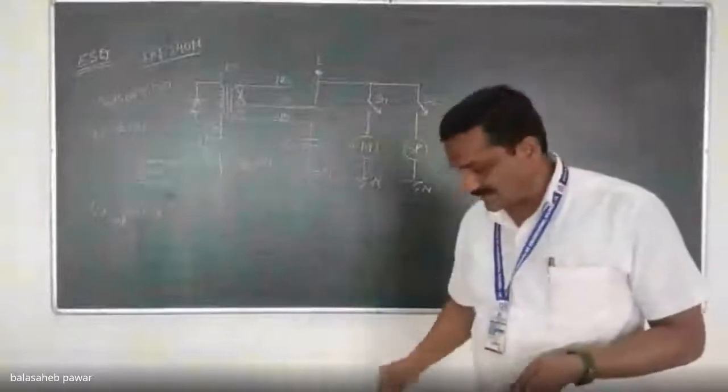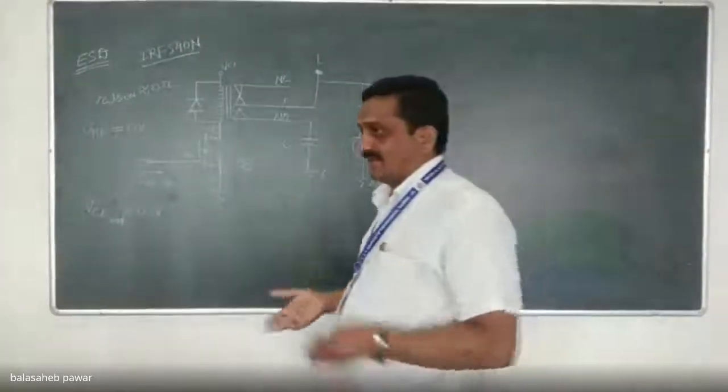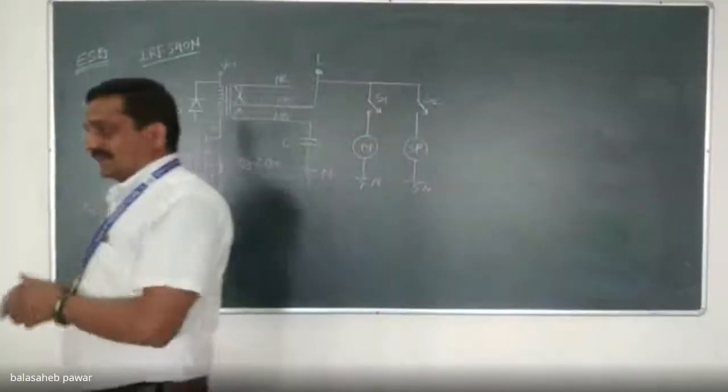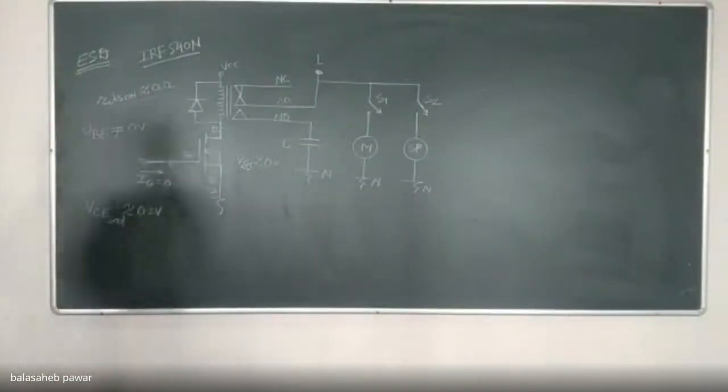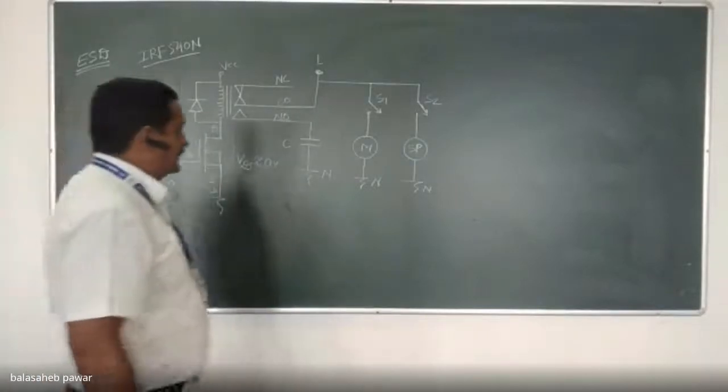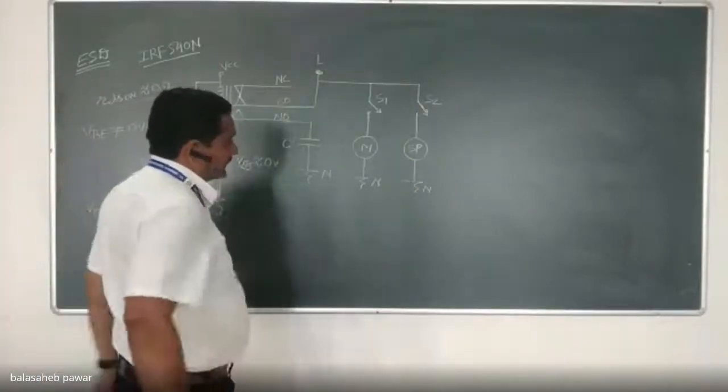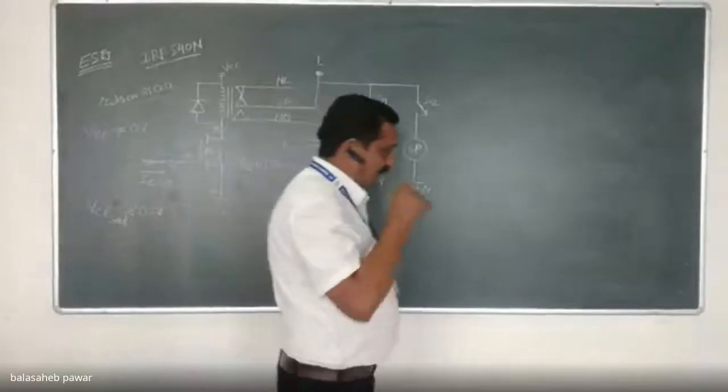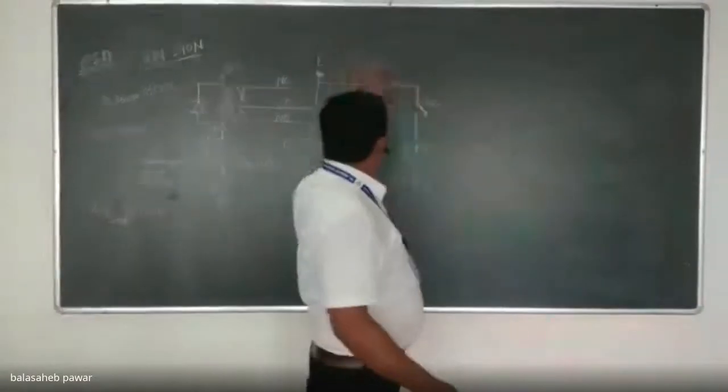So just think on it, how we can make it either auto mode or manual mode. Just think on it. Can anyone? You might have seen various types of switches. Whatever power we are going to apply to our system, a switch we will connect in series with the live.